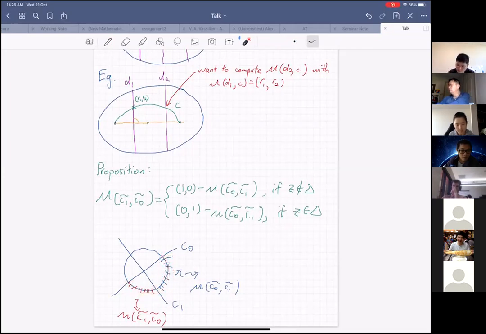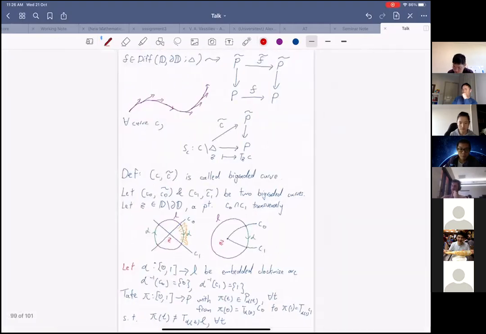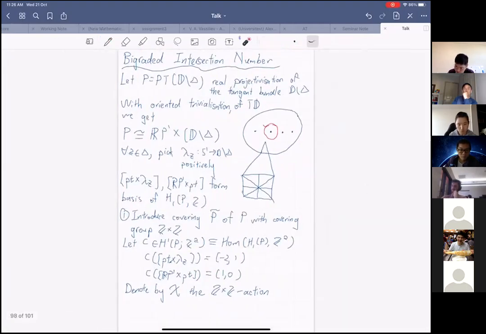That's why you get this formula: mu C1 C0 plus mu C0 C1 is equal to 1 RP1. But I define RP1 to be what? To be 1, 0. Right? Let me go back to here.